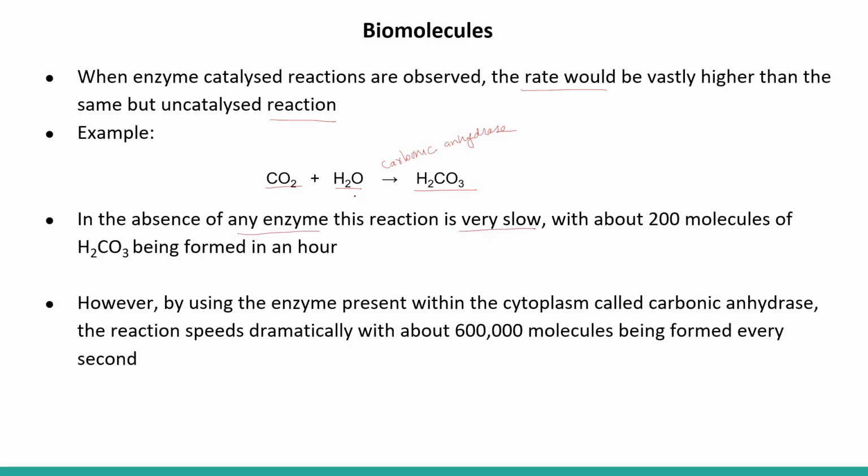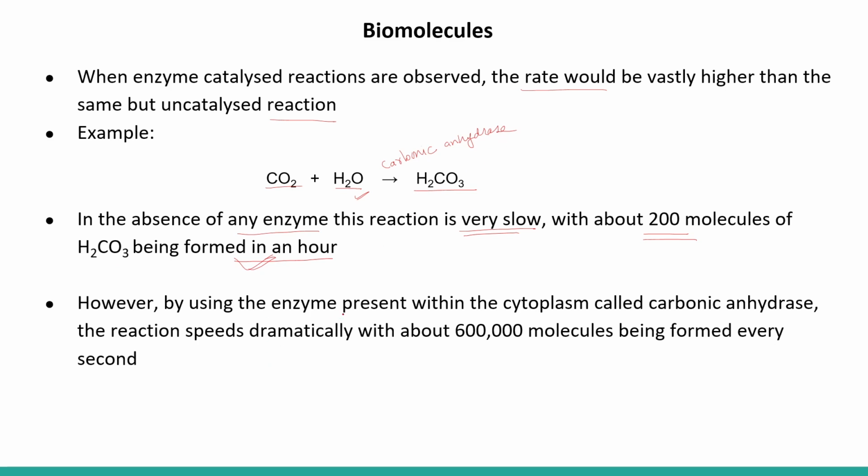This reaction occurs without carbonic anhydrase also, but it is very slow, with about 200 molecules of H2CO3 being formed in an hour. So how slow is the rate of reaction here? Only 200 molecules of carbonic acid are formed in an hour when the carbonic anhydrase enzyme is absent.